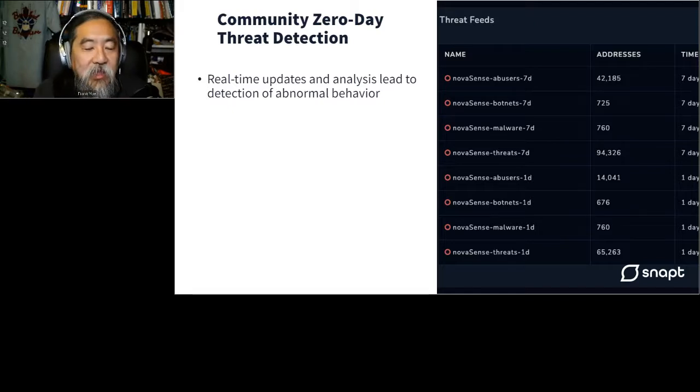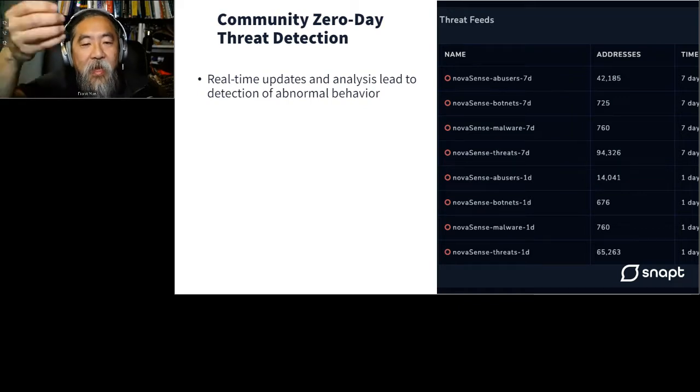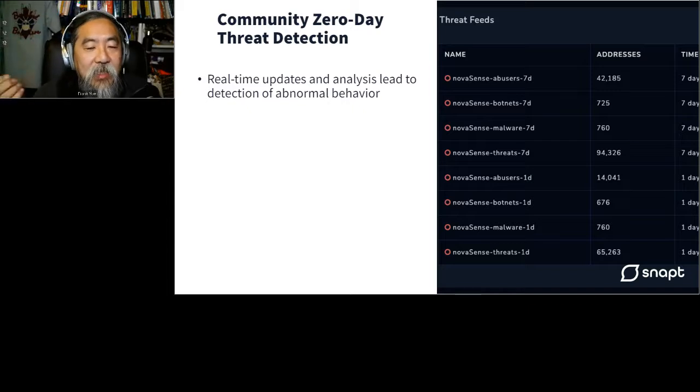And it was discovered or announced, the vulnerability, about a week ago or so. But even before it was announced, taking the example of Snapt's NovaSense threat detection, we were collecting information from our web application firewalls about potential threats related to this Log4j vulnerability, and saying, okay, this isn't right.